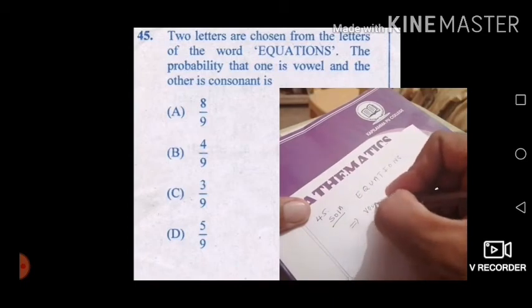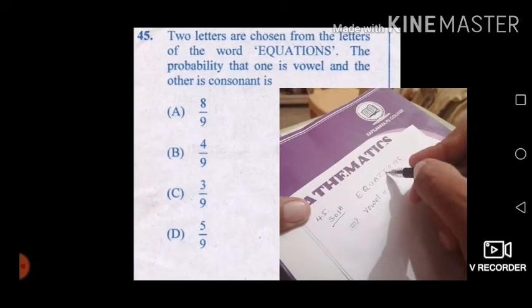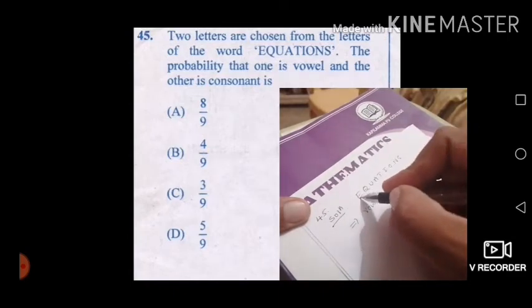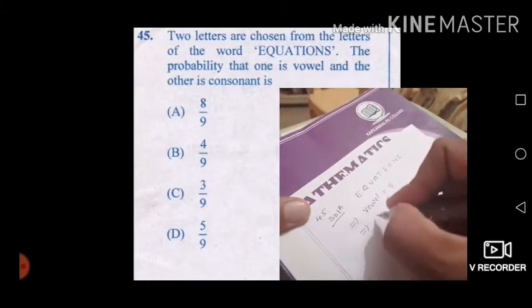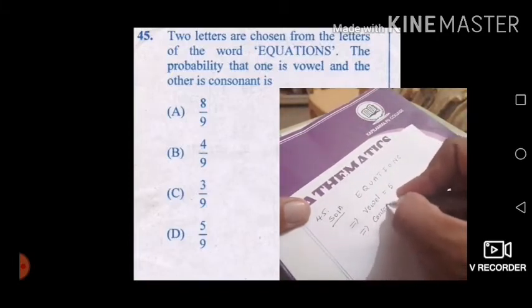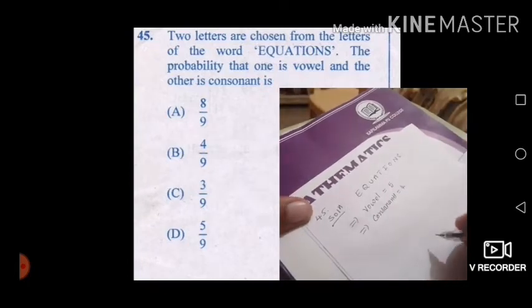Vowels: 1, 2, 3, 4, 5 vowels we have. Consonants, we have 4. So what they are asking is to find the probability that one is a vowel and the other is a consonant.